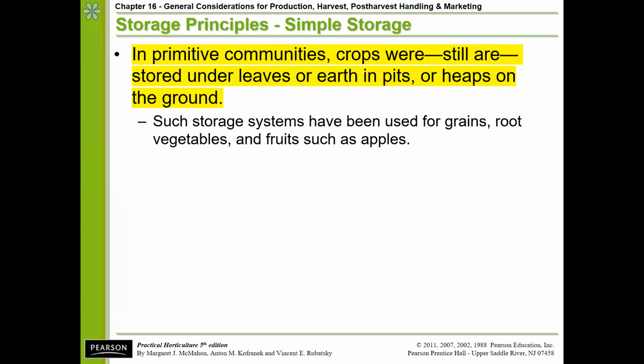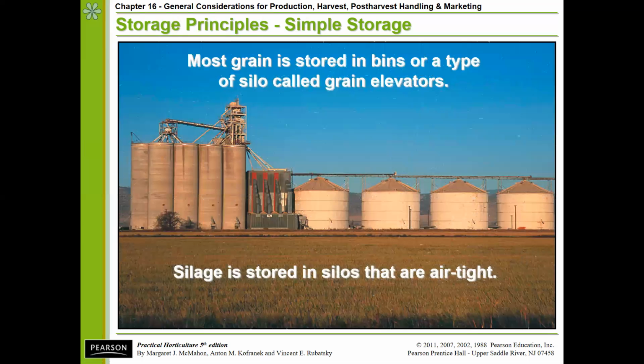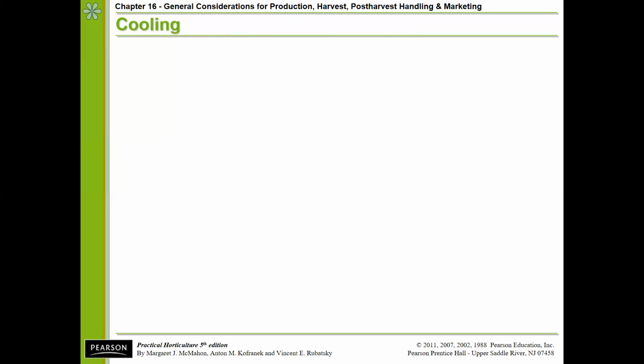So if you think about it, that's how we first stored a lot of this produce, just using the earth as a way to kind of cool it and keep it out of the sun. So most grain today, of course, is stored in silos, and we use grain elevators in order to transport it.